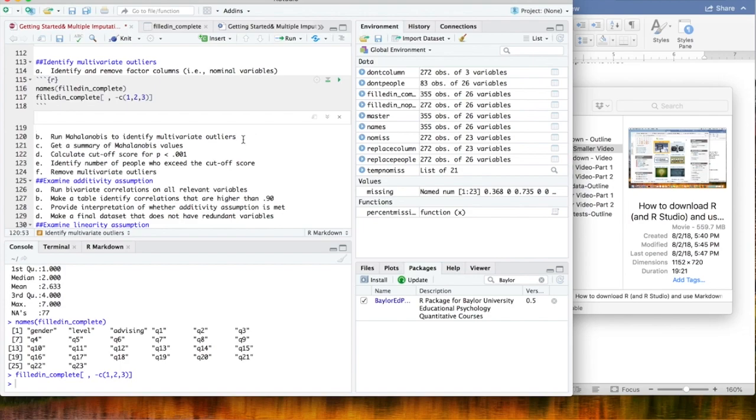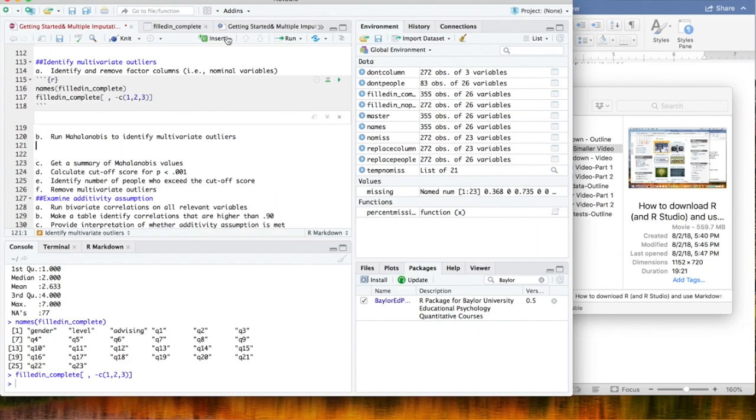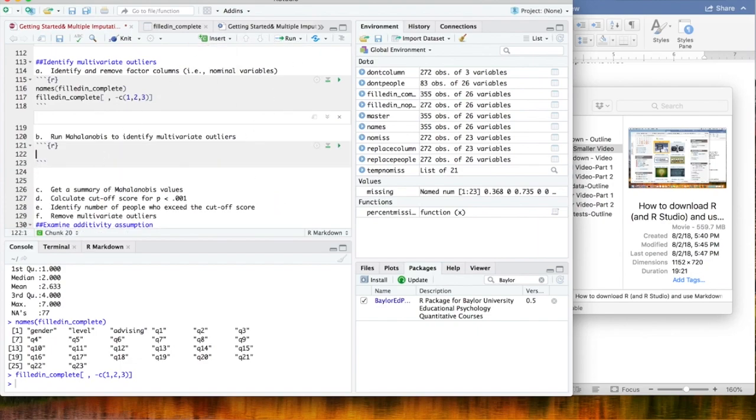Now, we're going to run the Mahalanobis. This is a pretty long formula, so I'm going to try to break this down for you. Maha equals mahalanobis, filled_in_complete, which is our data set, excluding columns 1, 2, and 3. Next line of code is colMeans.